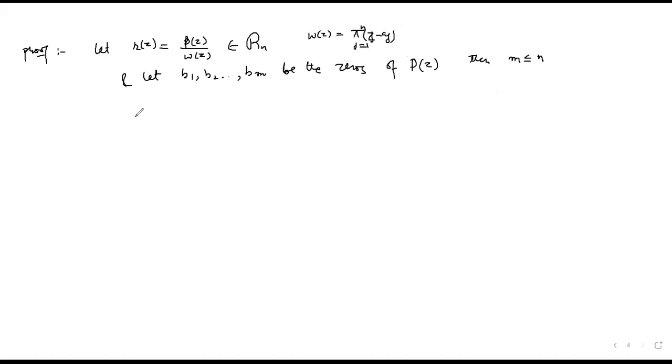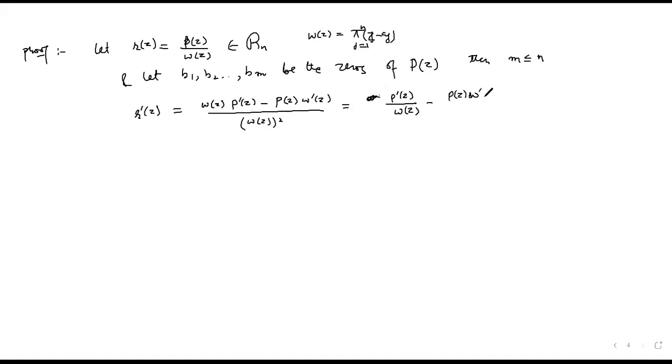And if I want to find the derivative, as usual, r'(z) would be equal to (w(z) p'(z) minus p(z) w'(z)) divided by w(z) squared. So let me write it as p'(z) by w(z) minus p(z) w'(z) whole divided by w(z) squared.